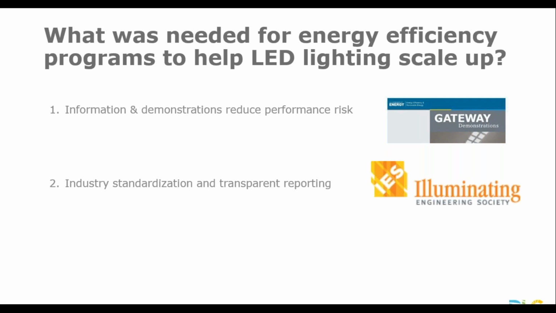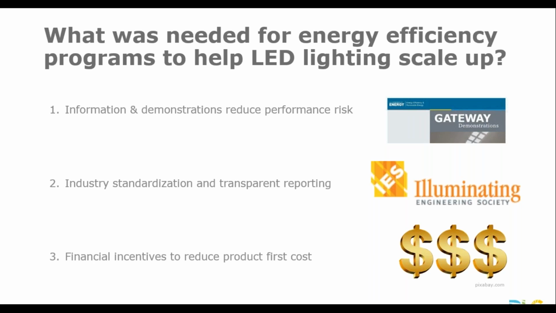After there was a critical mass of case studies and industry standards, then efficiency programs stepped in to offer financial incentives to reduce product first cost. Those financial incentives and rebates from utilities have played an important role in scaling up LED lights. A similar strategy could help scale up network lighting controls.